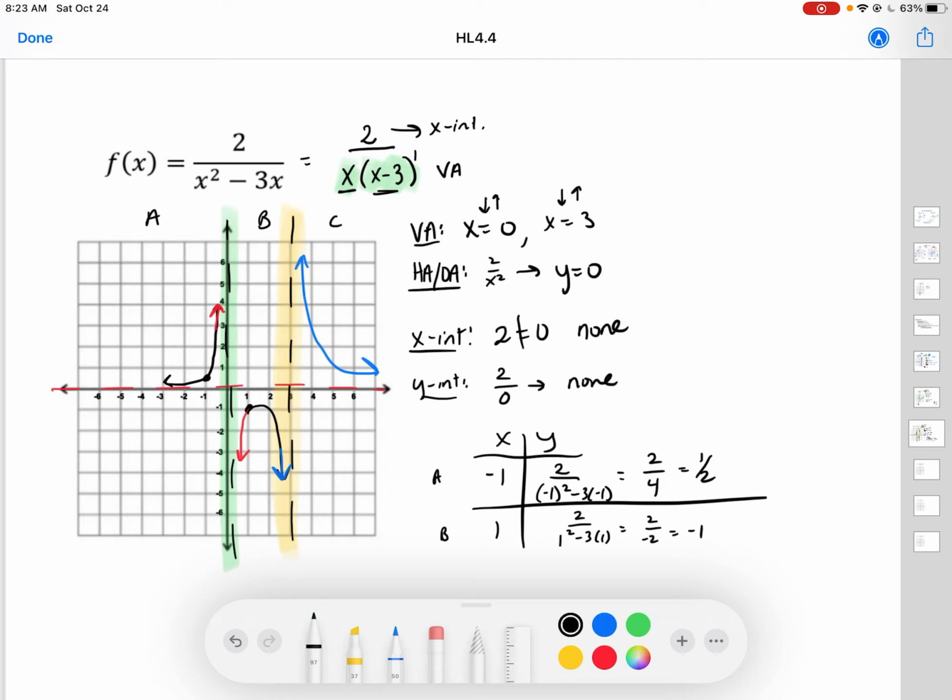So I'd have my section for C. But if you're really not sure, plug in like 4, minus 3 times 4. So you get 2 over 16 minus 12, or 4, which is a half. So I was a little off, well, pretty off. But remember, these are sketches. You don't have to be right on. But it's still in the same region.